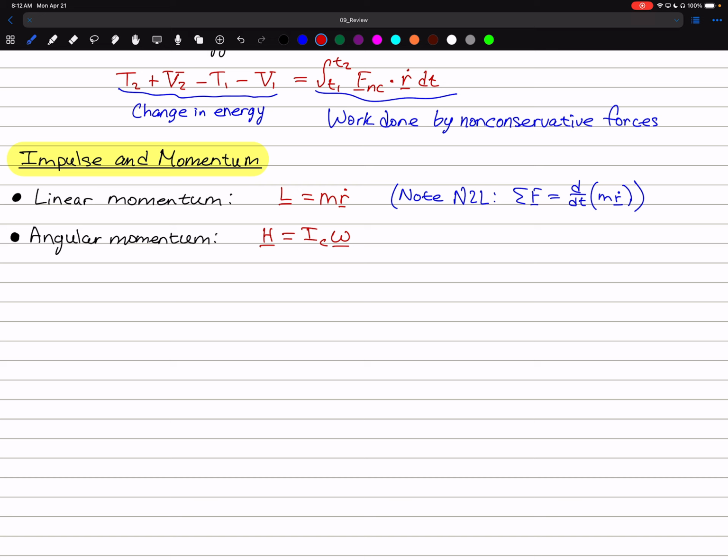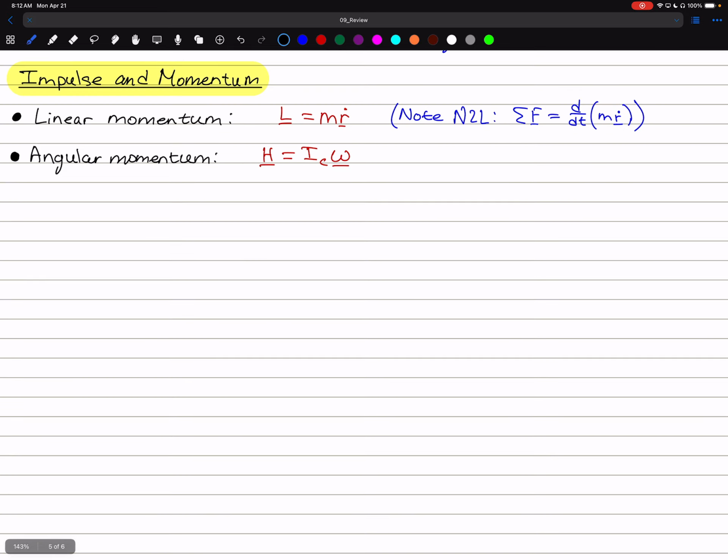Or if you were doing it about some other point, then you would use the parallel axis theorem to relate that. For 3D, it's more complicated, and we're going to skip that here. Instead, we're going to move on and take a look at the principle of impulse momentum.